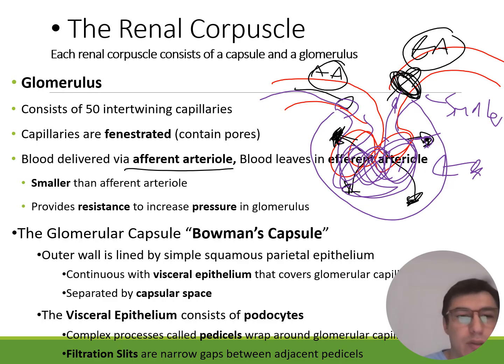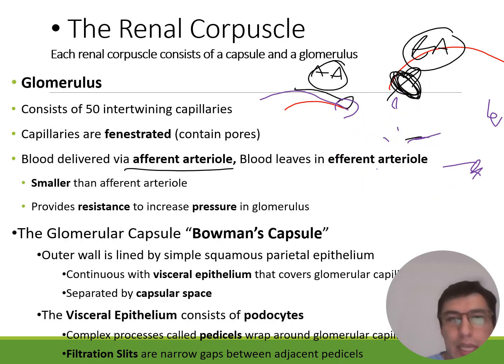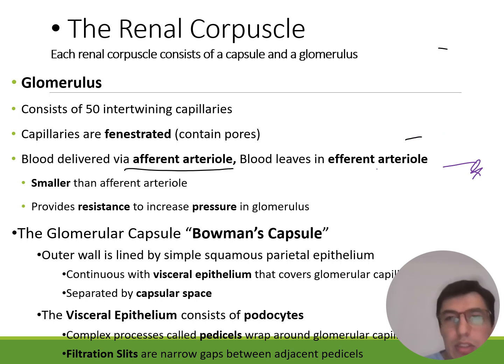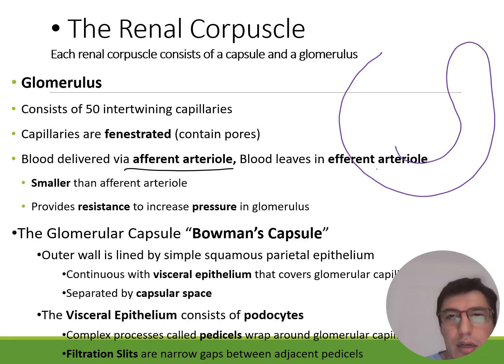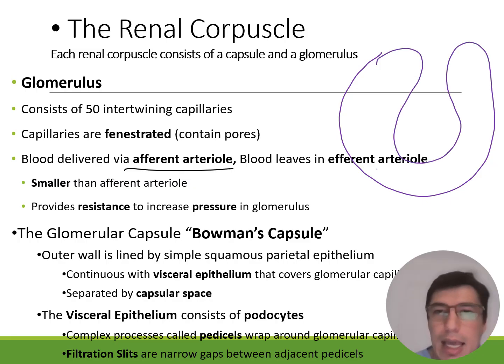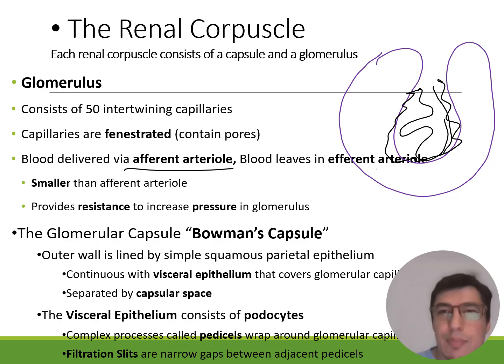Now let's talk about the Bowman's capsule. Bowman's capsule is divided into a couple of sections. So let's just draw it right here. Although it looks circular, you have to keep in mind that each piece of the inside of this layer is actually connected to the capillary.